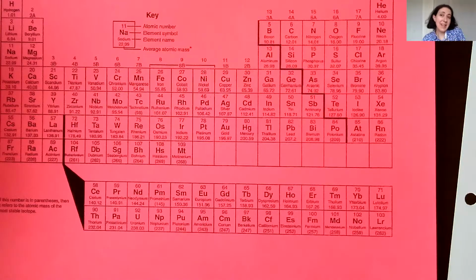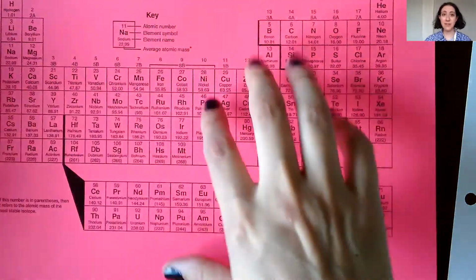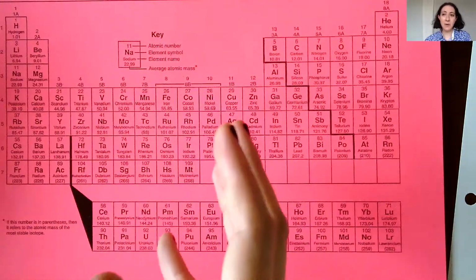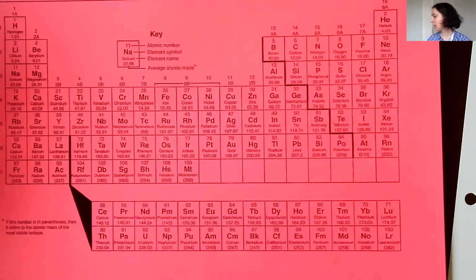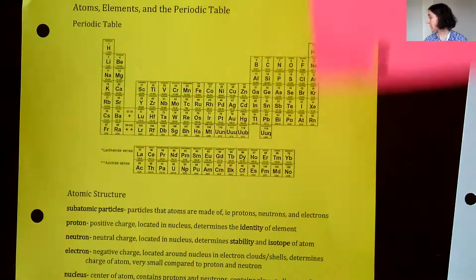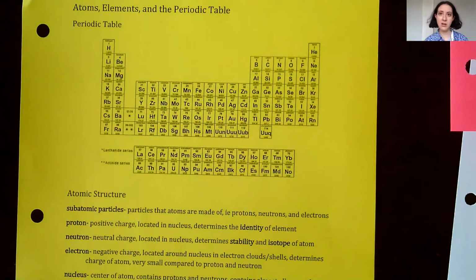Also, I'm going to tell you the names of some of the sections of the table, which will help you zero in. If you say, hey, I'm looking for silver, I'll tell you, oh, it's a transition metal. By the end of these notes, you should have a general idea of where the transition metals are located. You can narrow in, boop, and find silver. So without any further ado, let's dive right in.